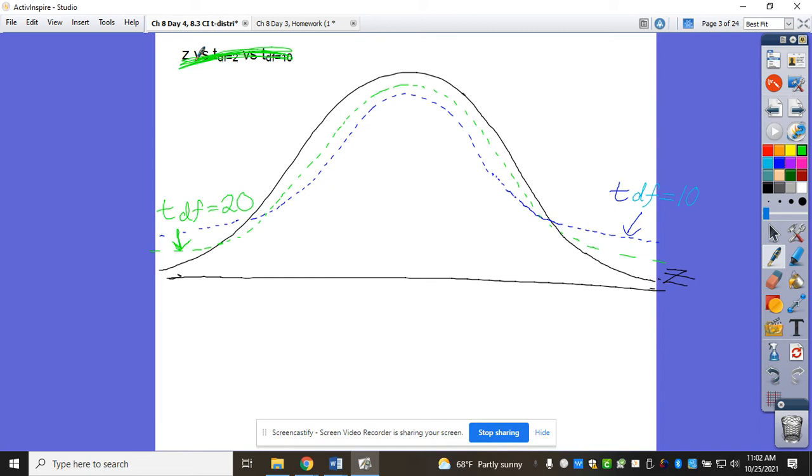It gets closer to a Z, which means taller in the middle and shorter on the outsides. So as your sample size increases, your T gets closer and closer to your Z. So why does that make sense with the purple sheet in front of you? Because infinity is the Z-score. So as my sample size gets bigger and bigger, as it gets to infinity, it actually becomes a Z.